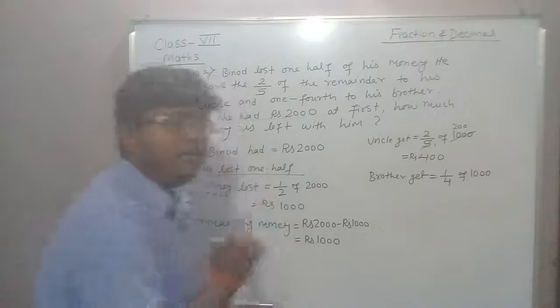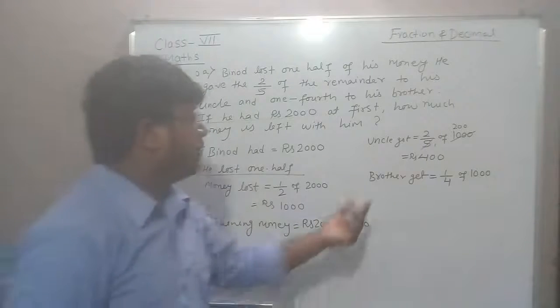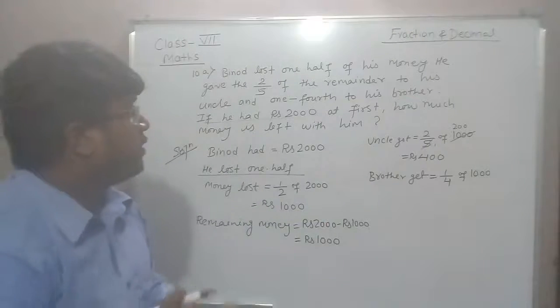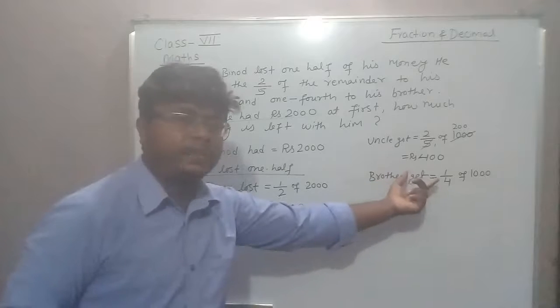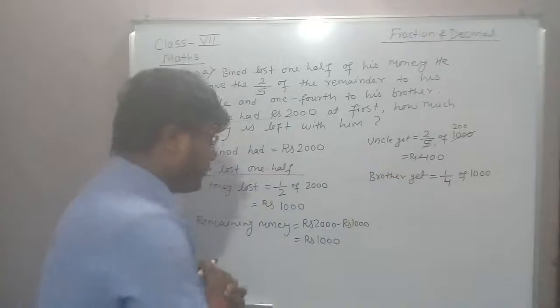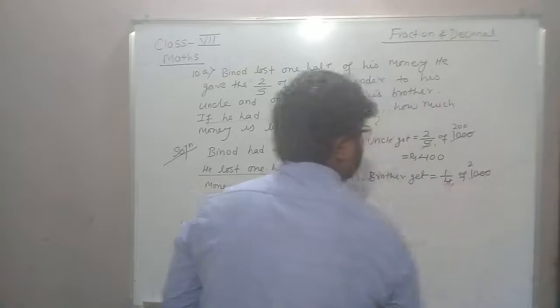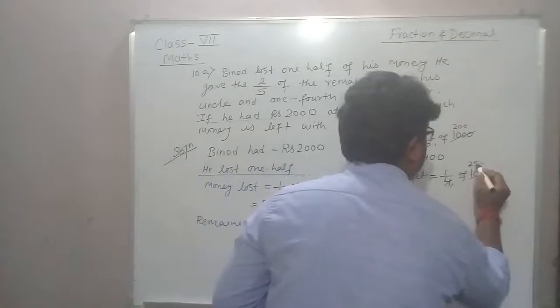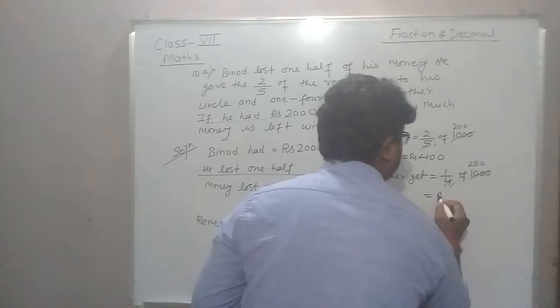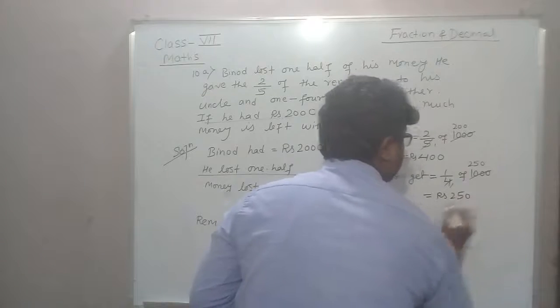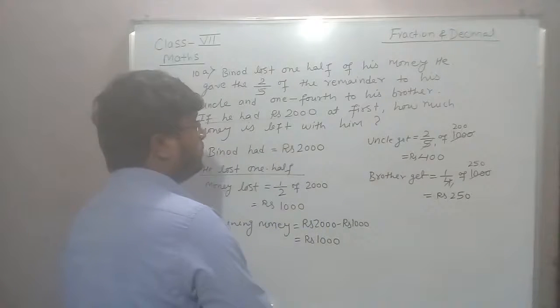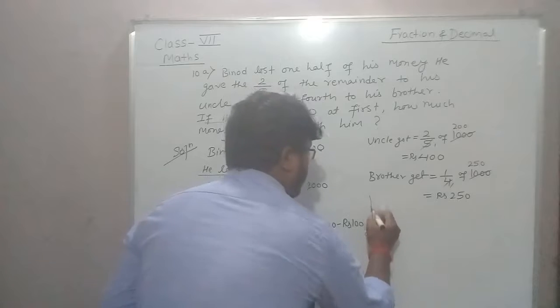So 1/4 of the remaining money the brother got. How much did the brother get? 4 ones are 4, 4 twos are 8, 4 fives are 20, that is 250. So what is the money left with Binod now?